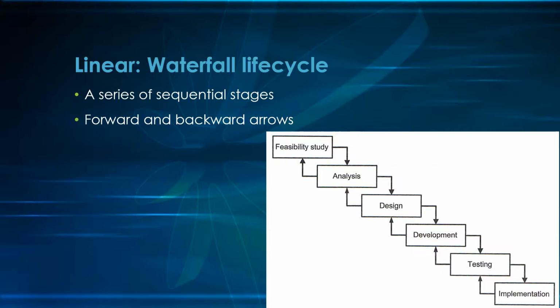So for example, analysis can only start once feasibility has been completed. However, there are forward and backward arrows. So the backwards indicates that at each stage you need to check that scope hasn't expanded and that the current stage has been built logically from its predecessor.